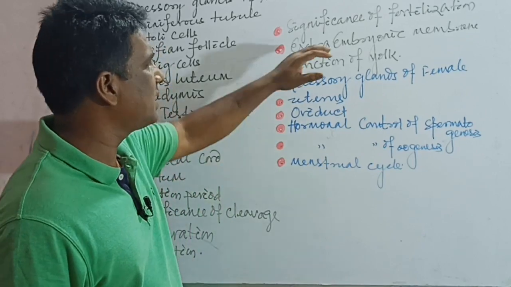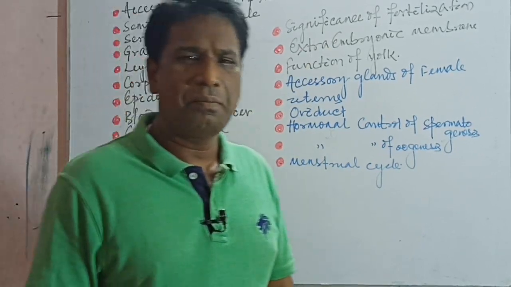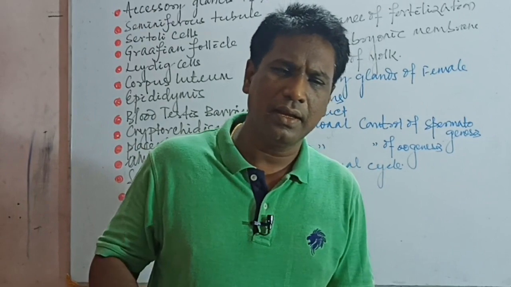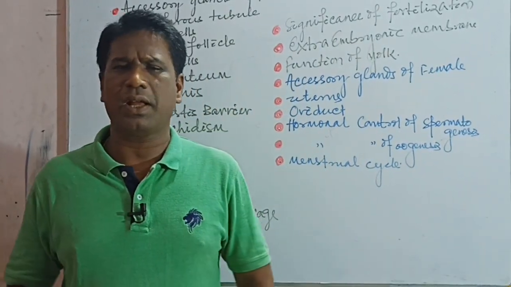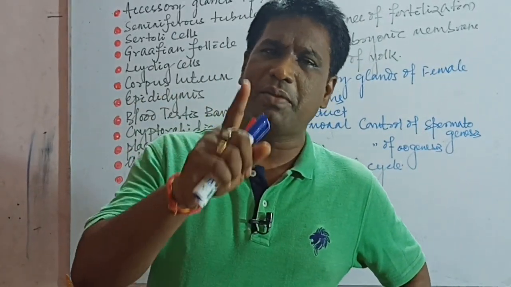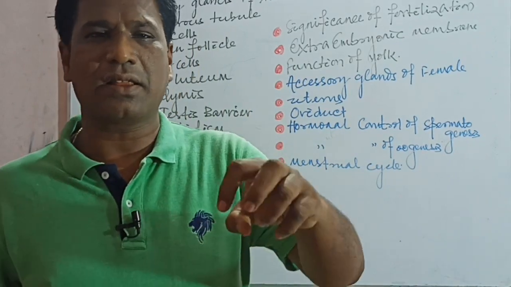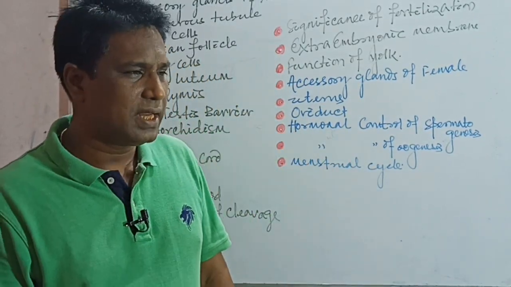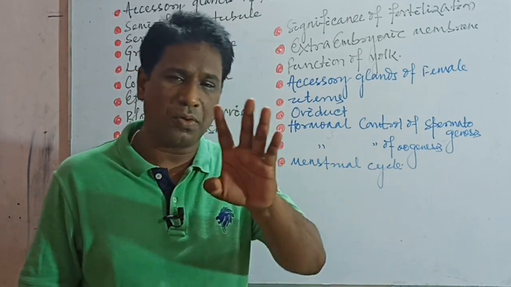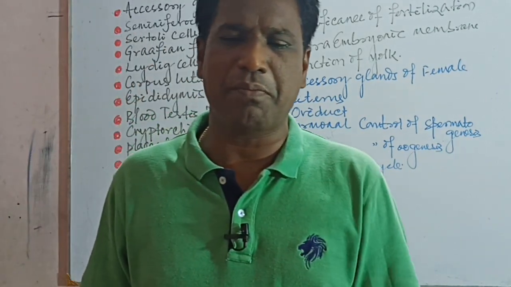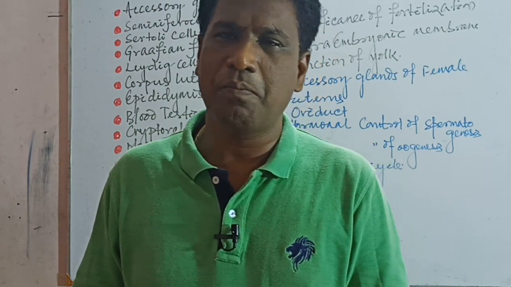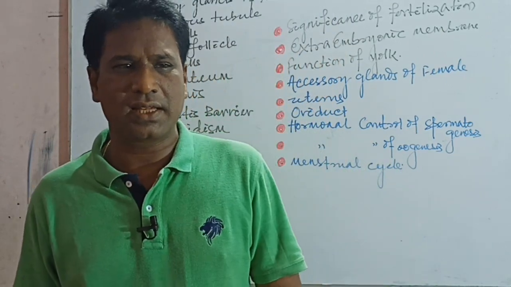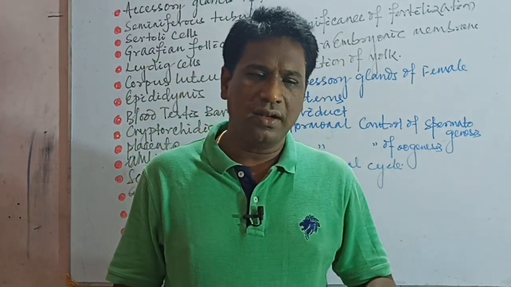Next one is extra embryonic membrane. The embryo itself is protected by a membrane, but some additional membranes that protect the embryo are called extra embryonic membranes. In case of human beings, 4 extra-embryonic membranes are present. The outer one is called chorion.